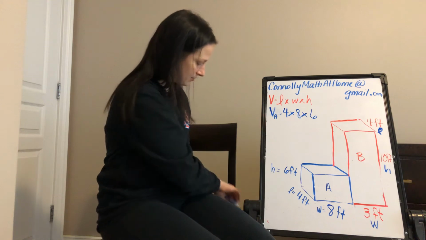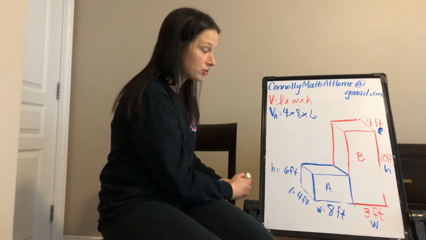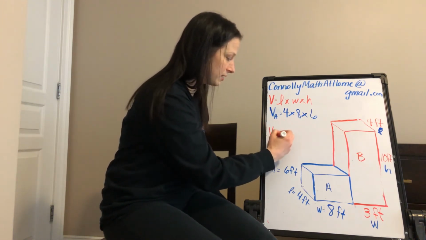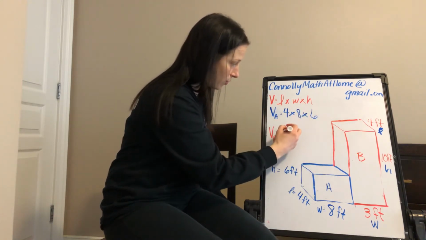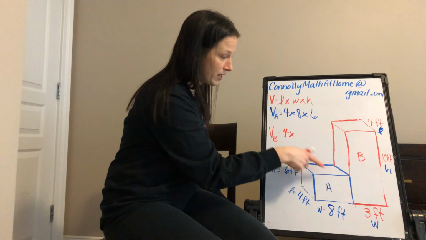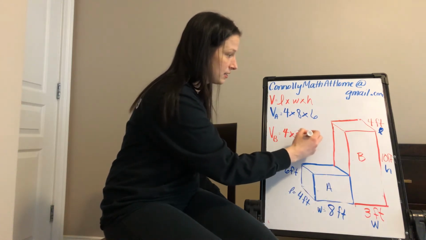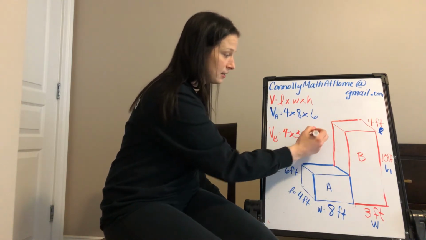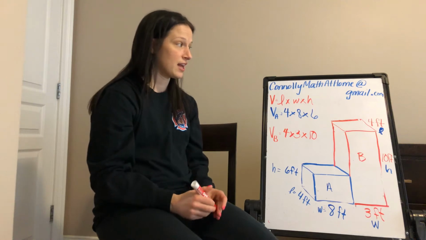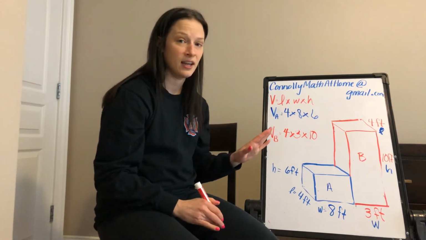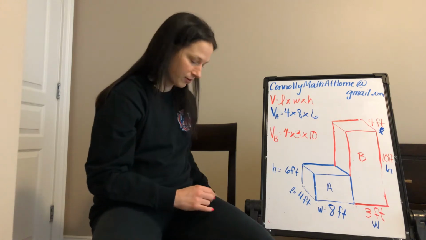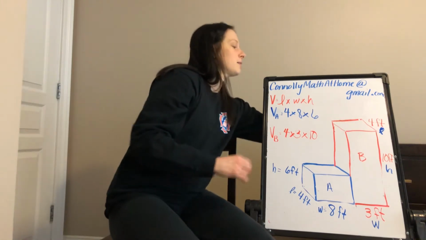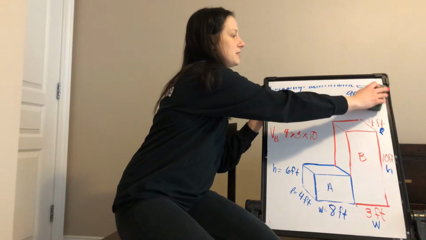And then I'm going to have to also solve the volume of B, which is length 4, width 3, height 10. So I'm going to make sure that I have all of the things done, and then I'm going to solve. Okay, so eraser. Give myself some more space here.